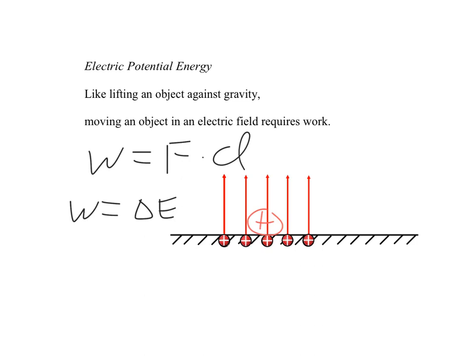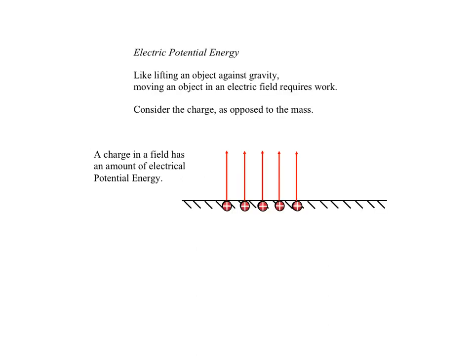Just like if we were to take something with some mass and lift it where there's a gravity field, so anywhere on Earth, in order to do that, we'd have to do work on it, and we would change its gravitational potential energy. So in the presence of an electric field, we just consider the charge. In a gravitational field, we consider the mass. Remember, these are two different properties of matter.